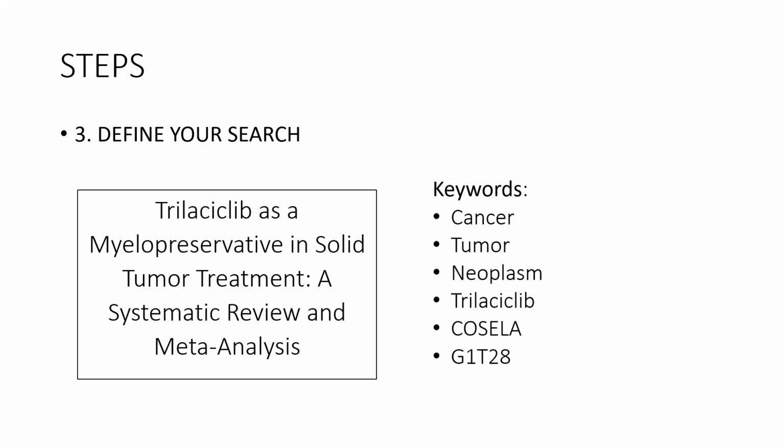They might say "trilaciclib in treatment of neoplasm," or "trilaciclib in treatment of lung tumors." So eventually not all studies are going to have the word cancer in them. So you always need to include synonyms, and the same applies for trilaciclib. You need to include Cosela, since it's another name for trilaciclib as well. G1T28 is also another name.